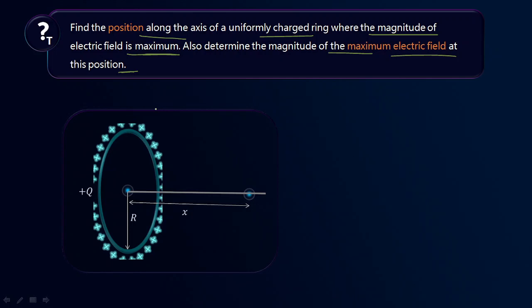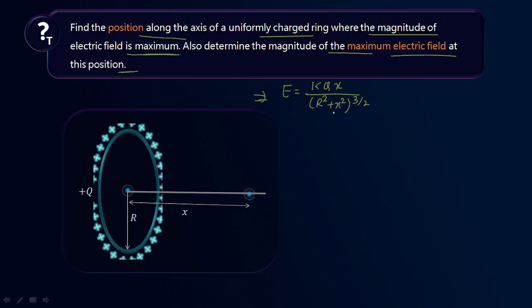So how to find, what we should do? So we have the formula for electric field at the axial point, that is equal to kqx divided by r square plus x square to the power 3 by 2. All of you should know these formulas, as it is very important, right?